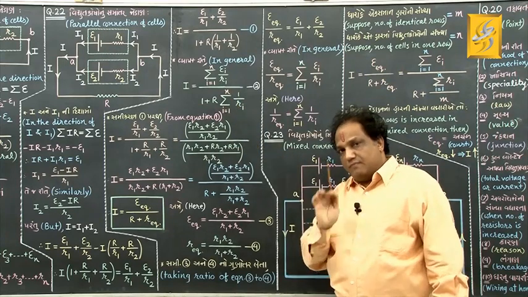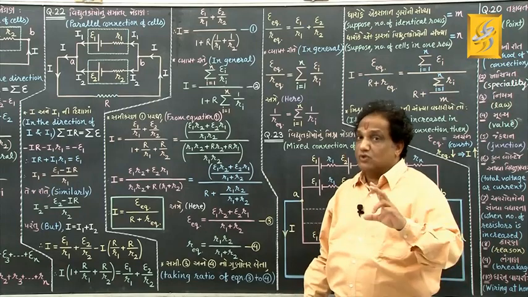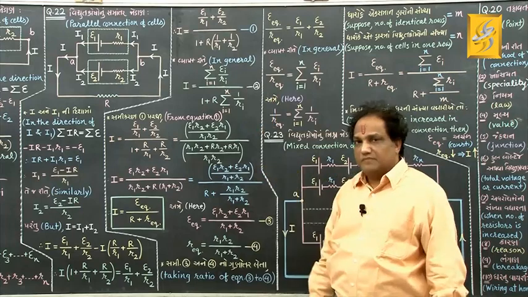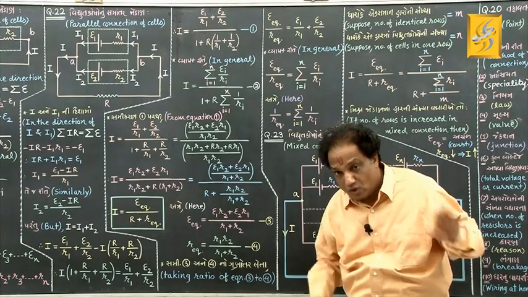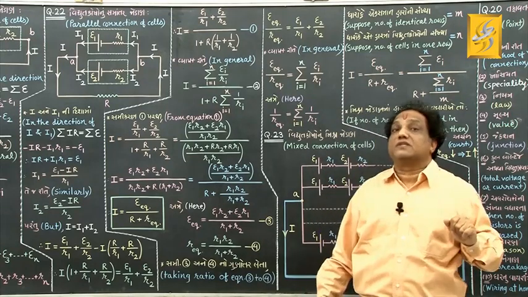Right? Be very careful here. In a hurry, students make mistakes. They write in a hurry sigma ri. It is not sigma ri. It is not the summation of internal resistances. No, it is the summation of reciprocals of internal resistances.